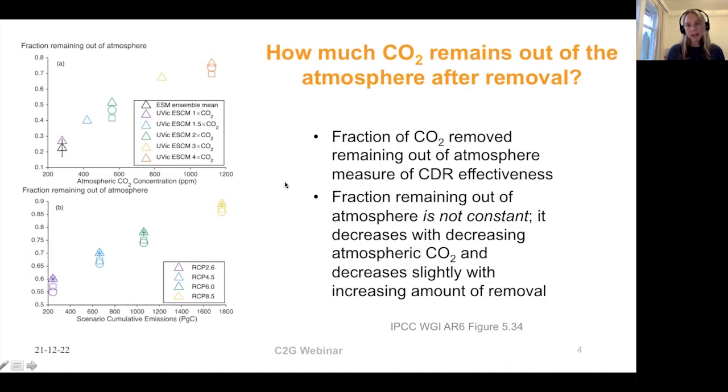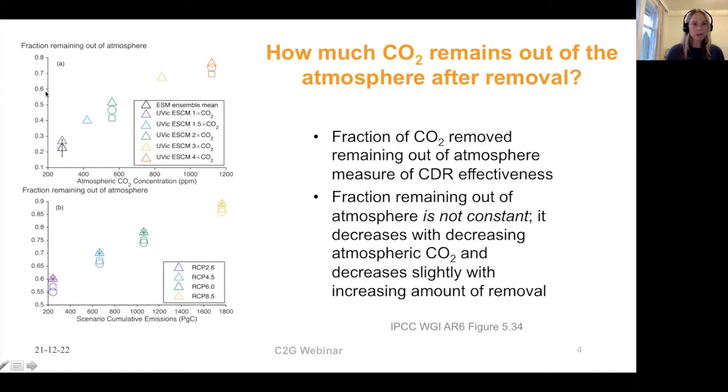This fraction of CO2 removed that remains out of the atmosphere is a measure of CDR effectiveness. And it is not a constant number, but it depends on the atmospheric CO2 concentration from which CDR is applied, and also on the magnitude of the carbon dioxide removal.